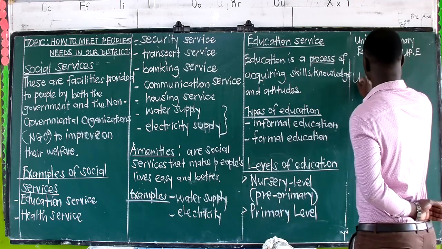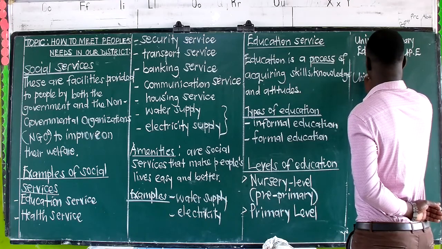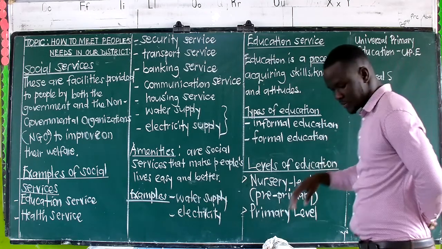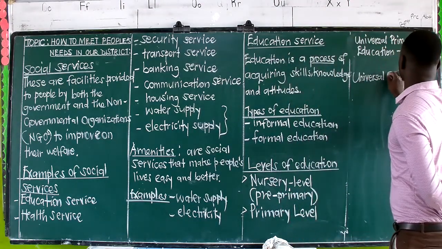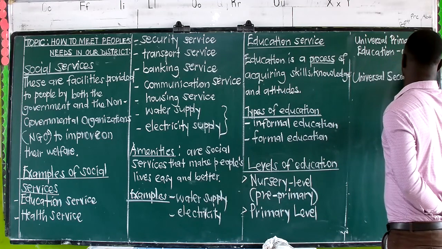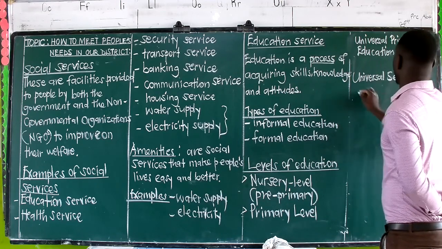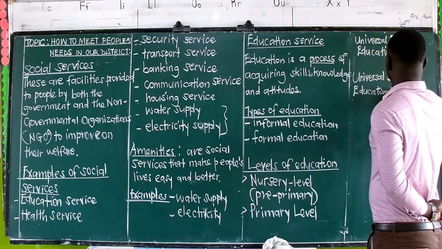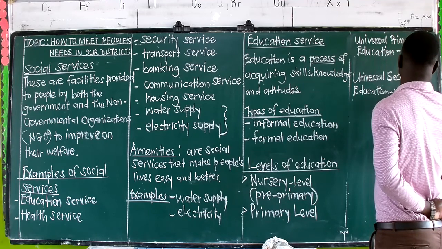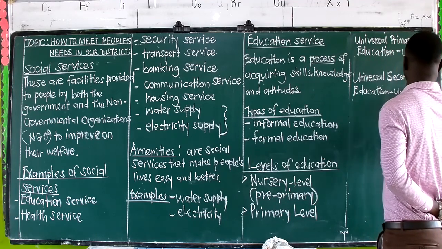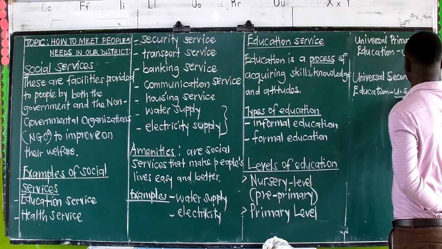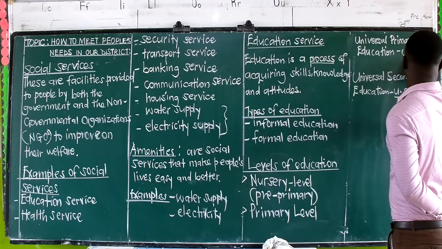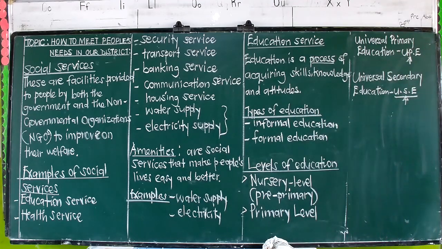Then we also have universal secondary education. This is USE. I say USE is for secondary schools, whereas UPE is for the primary schools. That is providing free education.